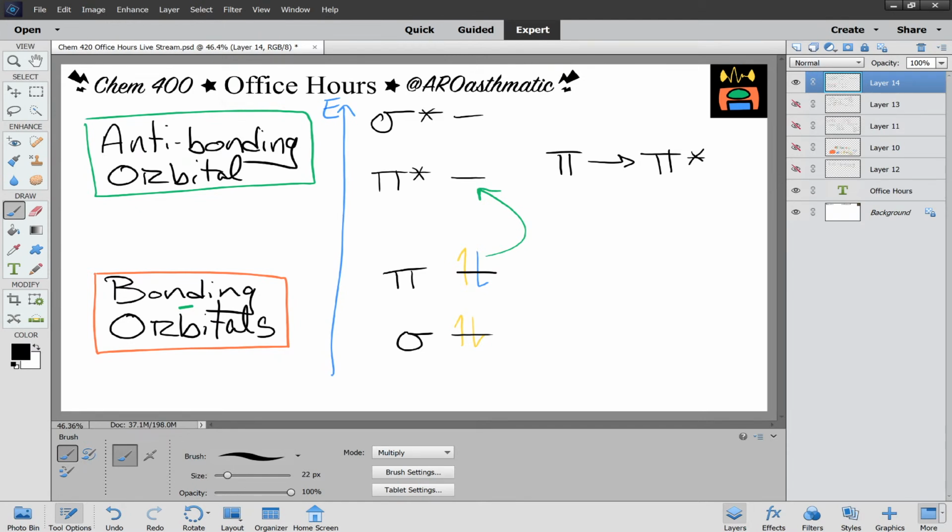Totally. This is something that would usually be covered in the aromaticity chapter. It's not so much that we're adding energy to bonds, per se.